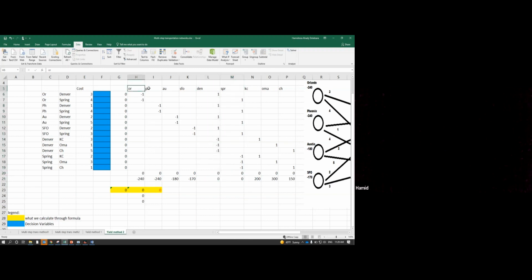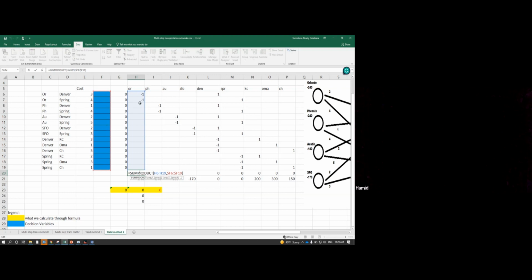For OR, PH, AU, and SFO, which is sample Orlando, Phoenix, Austin, and San Francisco, I have different supply values. Above that line, you see a line with zeros, because they have a formula. Let's click the first one. The first one means Orlando, which is -1, times the decision variable column.